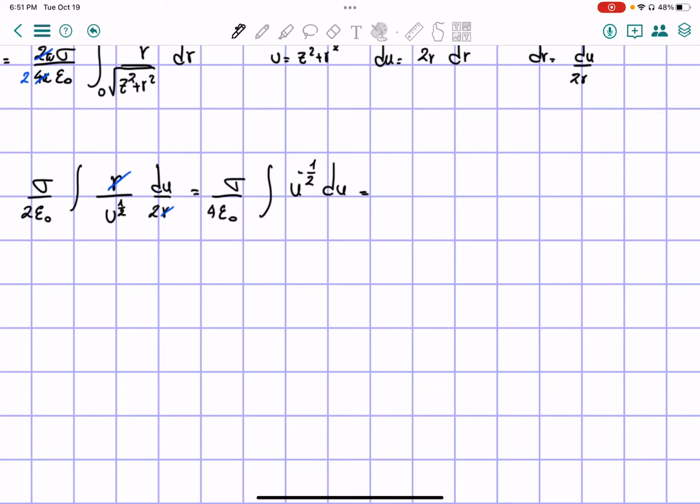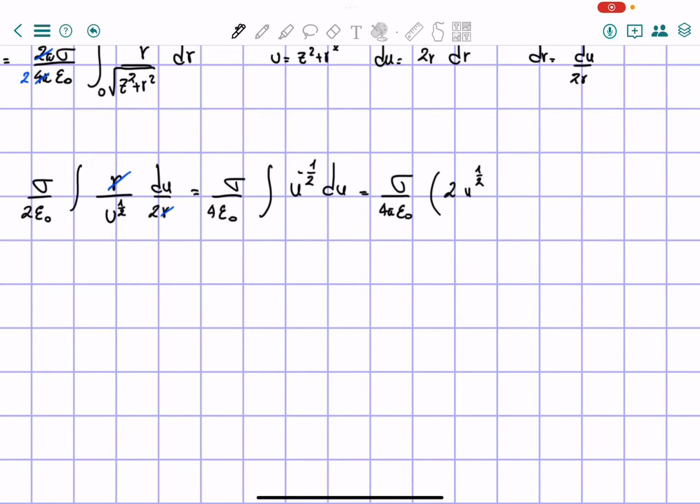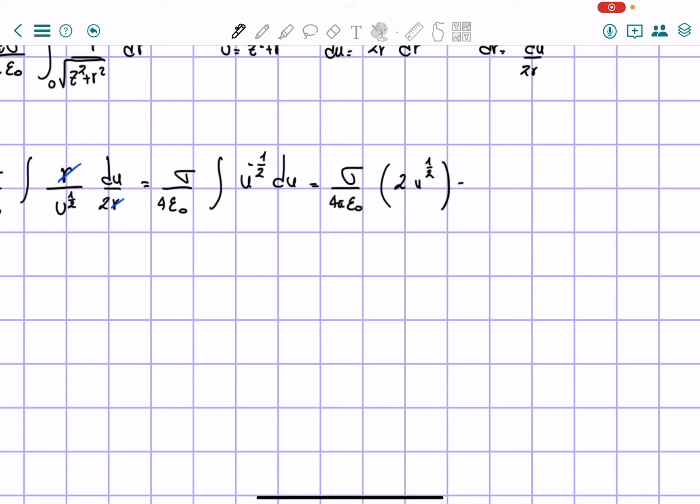It means that we're going to have, of course, in front, the usual 1 over 4 pi epsilon naught. And then what comes out of it is going to be a positive 2. So remember, it's going to be the opposite of 1/2, so it's going to be 2, and then u to the power of 1/2. So now let's rewrite it.